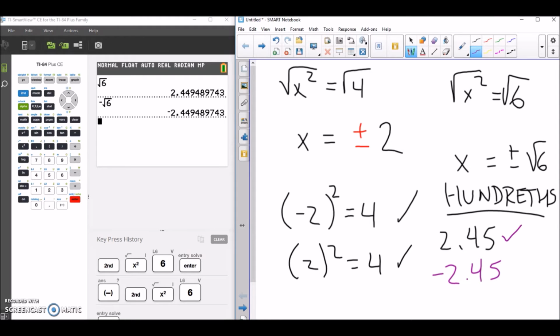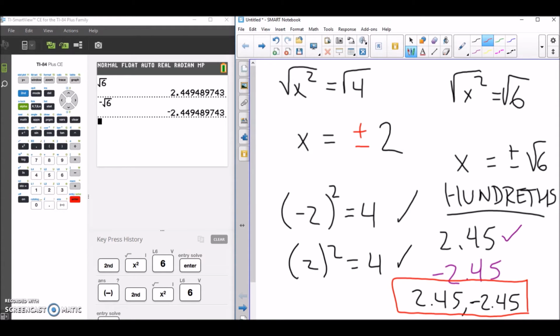So in Canvas, if you had to type this in, and you will get directions in the future, but how we're going to do it, the largest number first, rounded to the hundredths place, a comma, and then the smaller number. No spaces, absolutely no spaces. So if you had to type this into Canvas, you would type in 2.45, comma, negative 2.45.